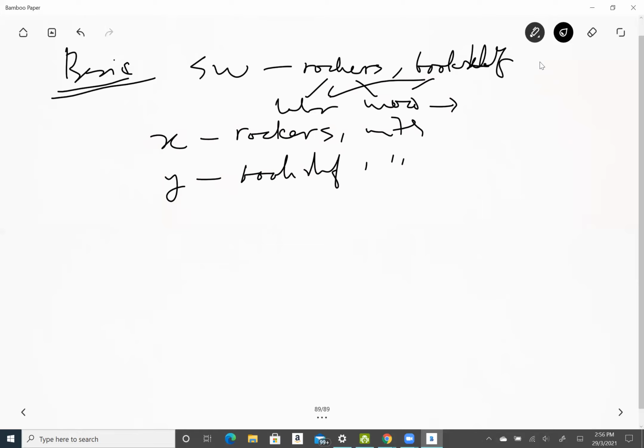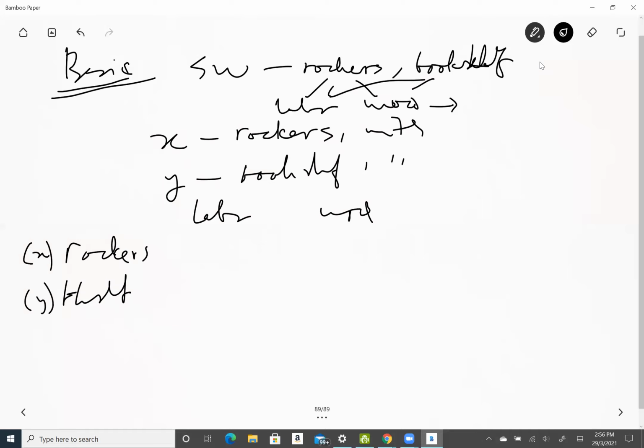All right. So now you can tabulate the information. Okay. If you table the information, you put rockers and then bookshelf, and then you have the labor and wood. And of course, there's the X, that's the Y. Now, the Y is not just rockers, it's the number of rockers.